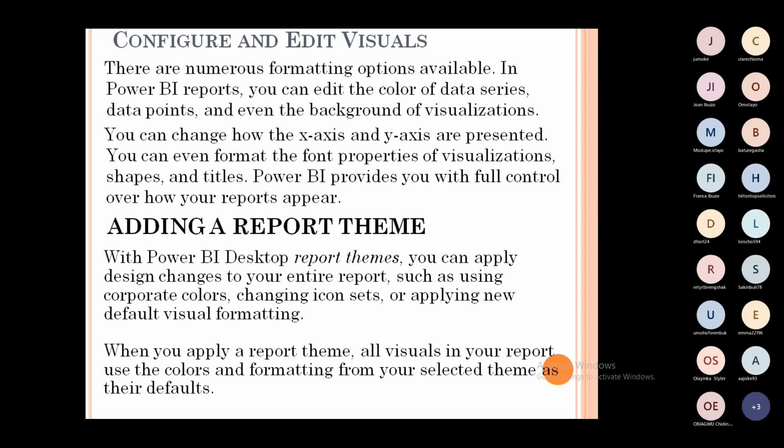With Power BI Desktop report themes, you can apply design changes to your entire report, such as using corporate colors, like I mentioned earlier, changing icon sets or applying new default visual formatting. When you apply a report theme, all visuals in your report use the colors and formatting from your selected theme as the default.